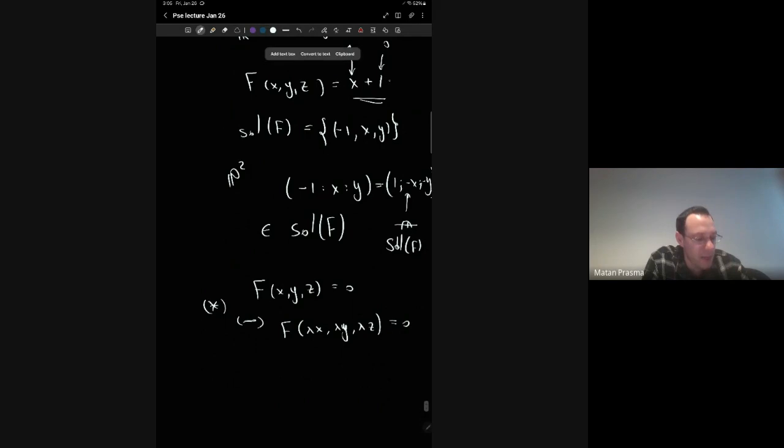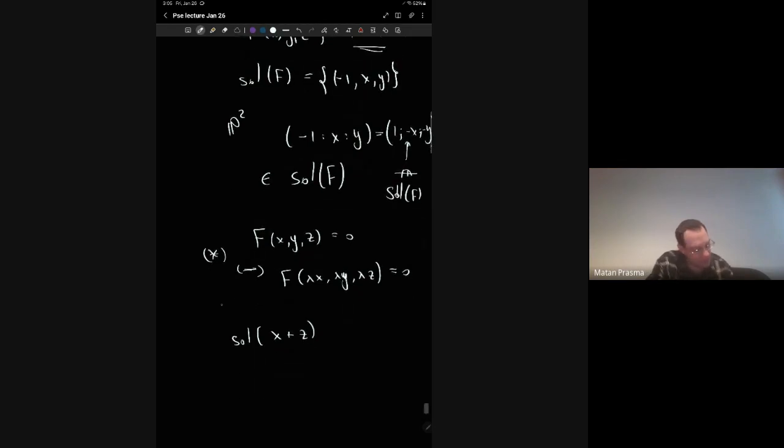If I make it homogeneous, I multiply it by z, and now it's okay, right? Now the solution set of the polynomial x plus z is well defined.